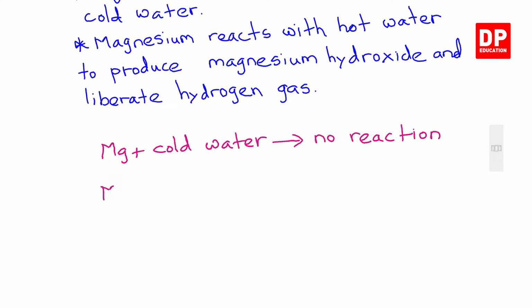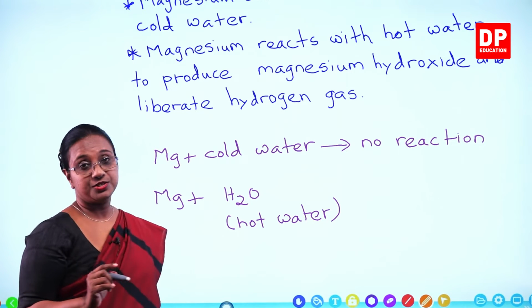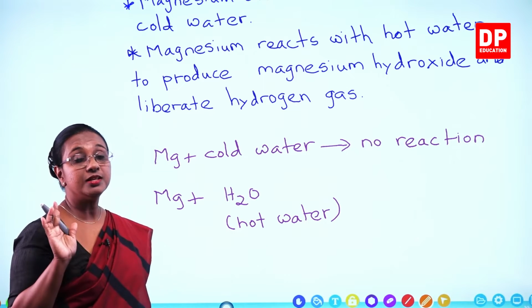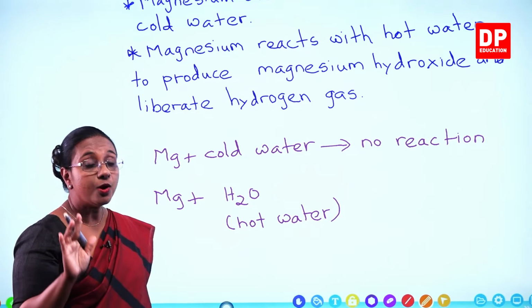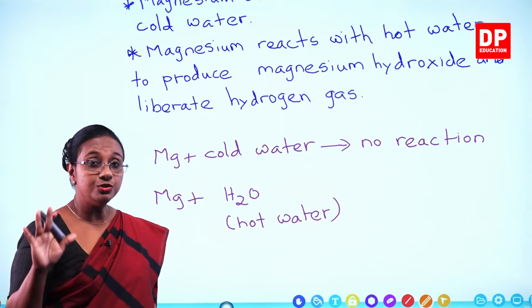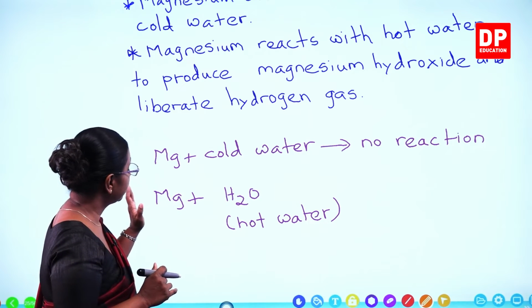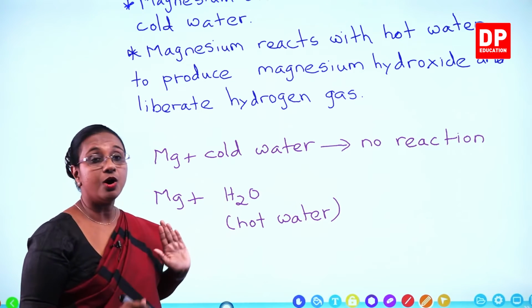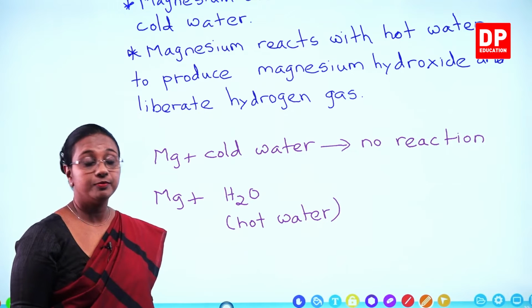Then magnesium with H2O, but I will write it as hot water. You can write it as a subheading just to show that it is hot water. So when you write the equation, students, it is understood that it is hot water. And also when they give you the reaction in a paper, then you should know that this reaction is between magnesium and hot water, not cold water.